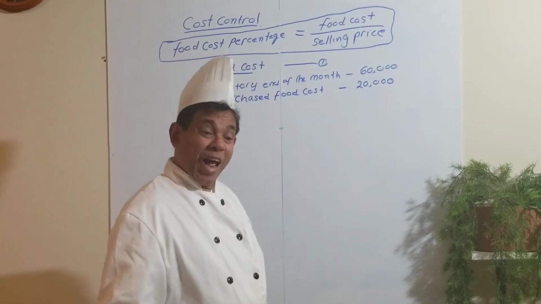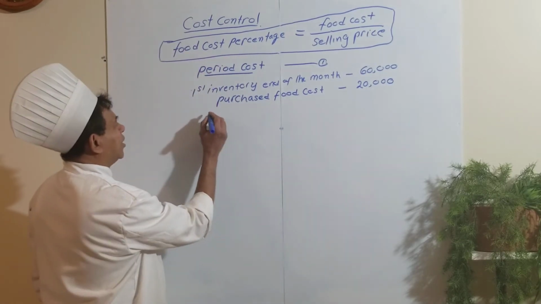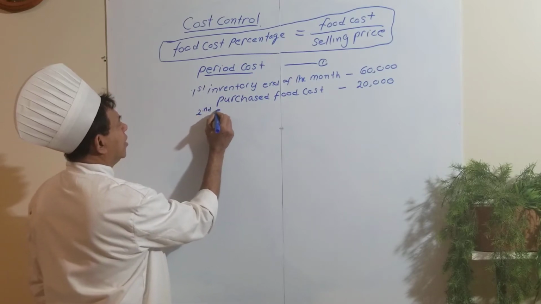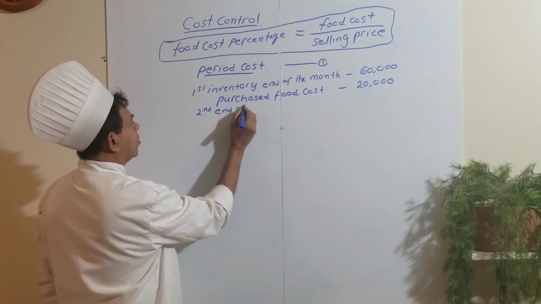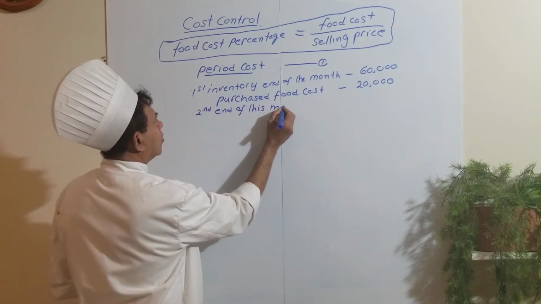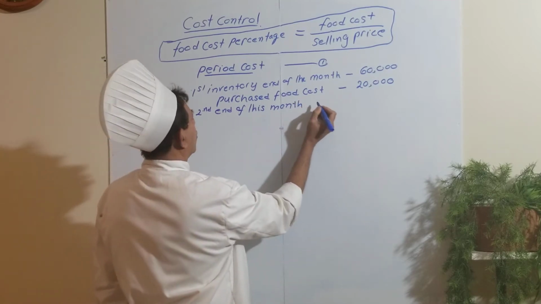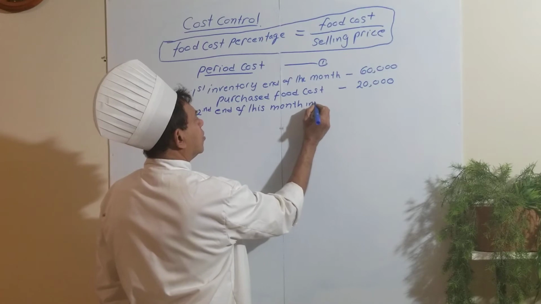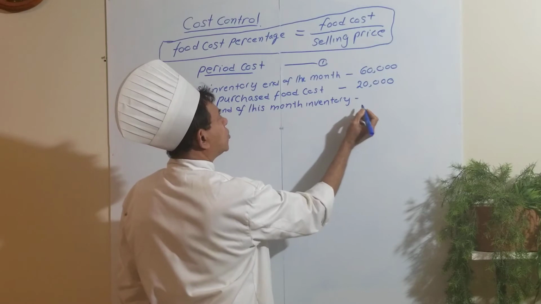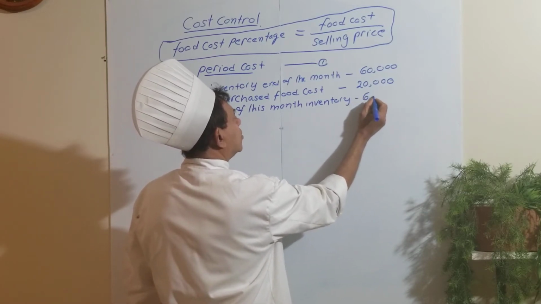Now again, at the end of this month, I do my inventory. This means the end of this month, second. My inventory is another 60,000.